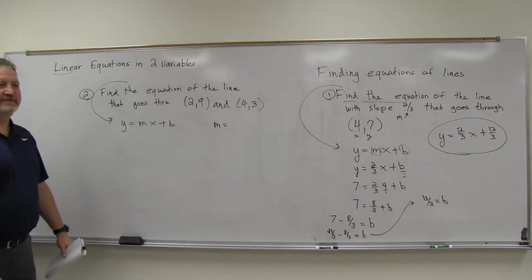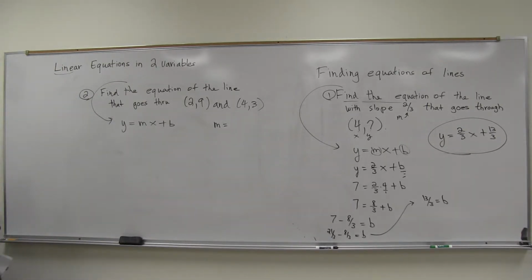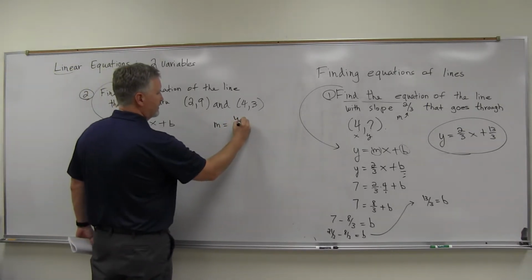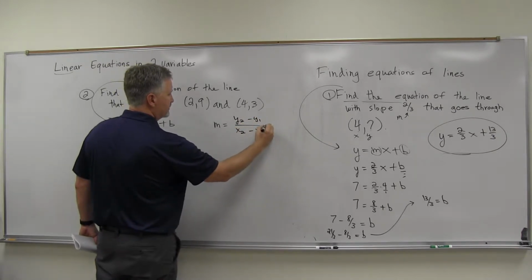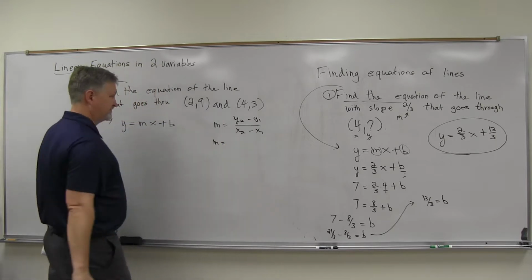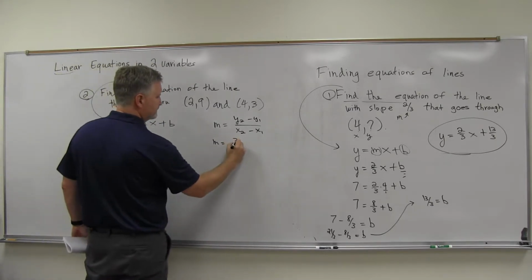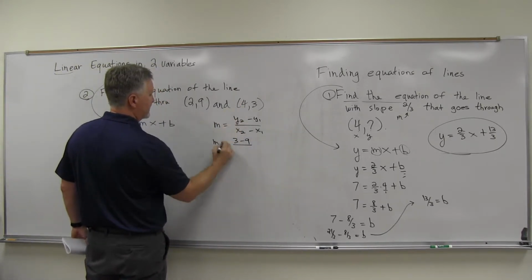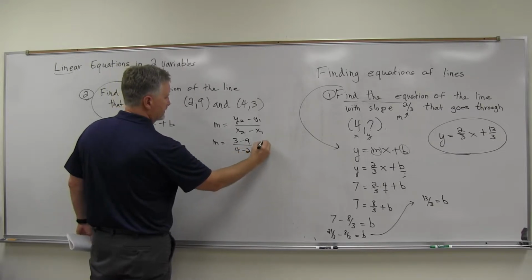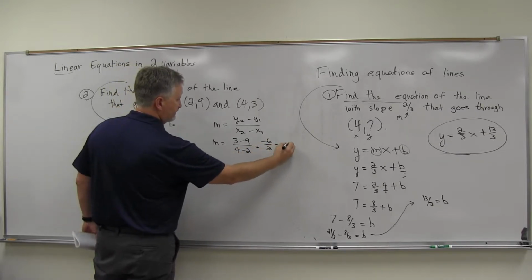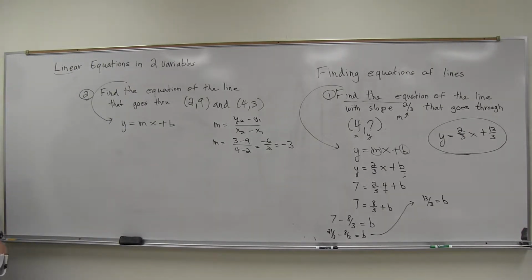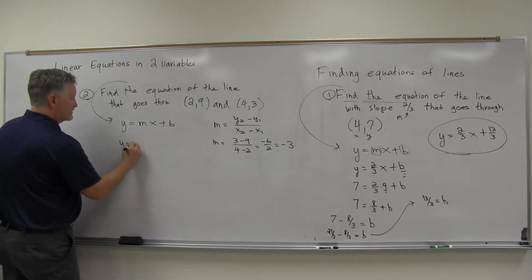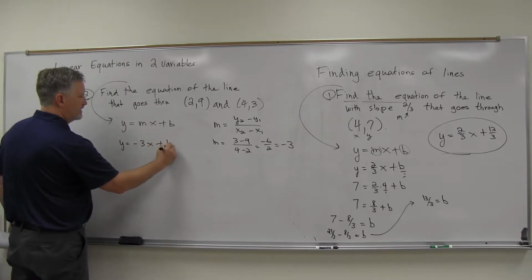I can find the slope using our slope formula, y2 minus y1 over x2 minus x1, right? See what that gets us. 3 minus 9 over 4 minus 2. Negative 6 over 2, so I got negative 3 as my m. Is that right? Did I do that one right? Okay. So I got y equals negative 3x plus b.